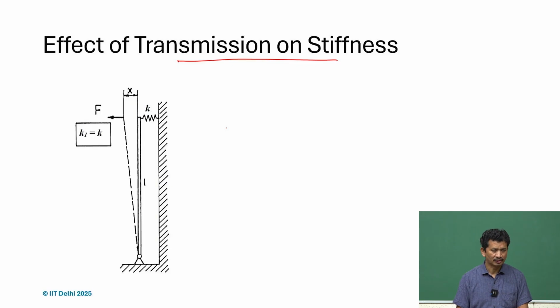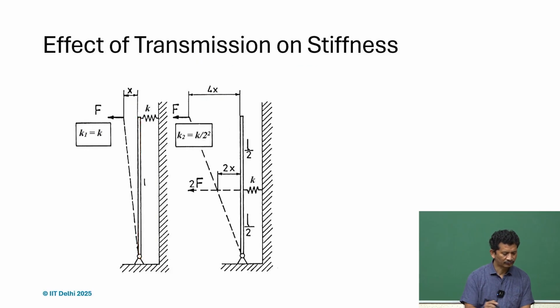Just take one link or a lever and try to place the spring at different locations and see what the effect is. If we simply move the spring from the end to the mid section, we realize there is a large effect.